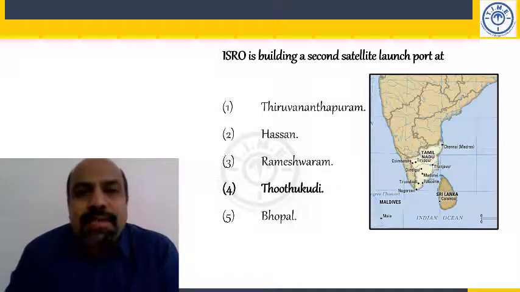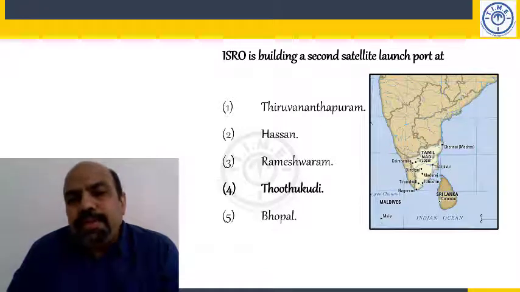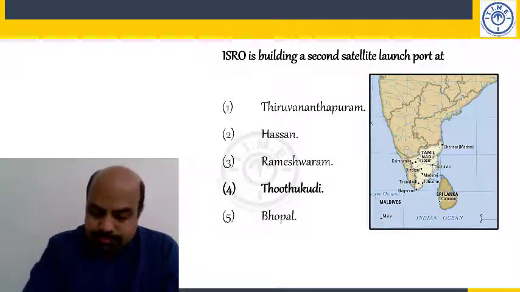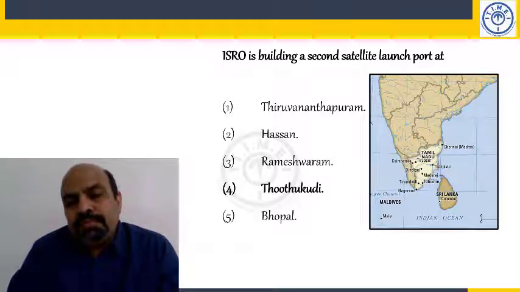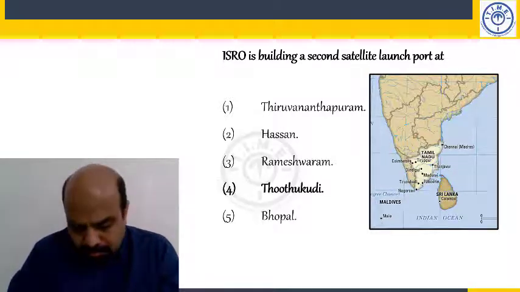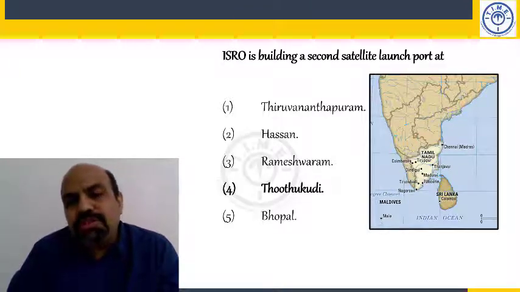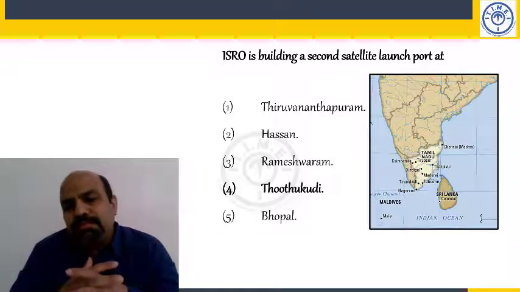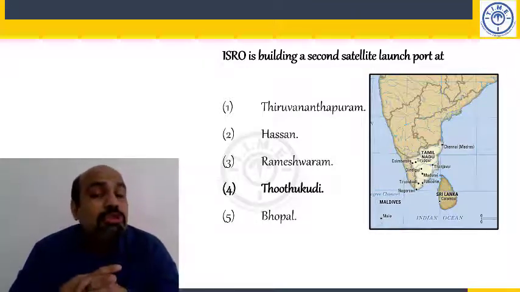Debris, in brackets, damaged parts, will fall in the Bay of Bengal. So this is a major reason. And cost is also a factor. But it's pretty close to the equator, and that makes a huge difference.